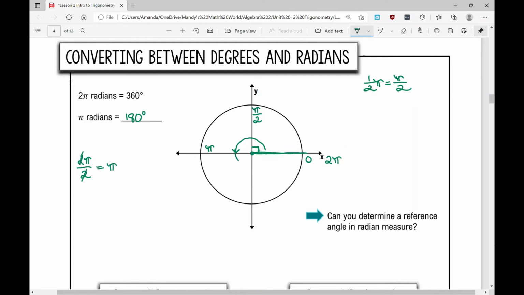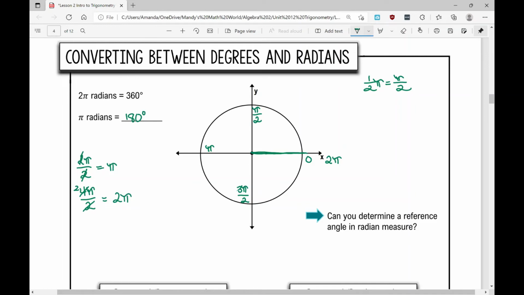If I go all the way to here, I've added another pi over 2. I'm now at 3 pi over 2. And then if I go all the way over here, I'm at 4 pi over 2, which simplifies to 2 pi. And that's how we get these radian measures on this circle that's put on this coordinate plane, okay?